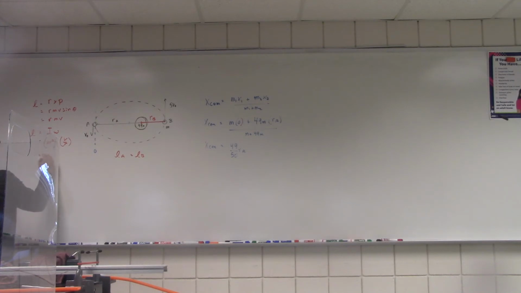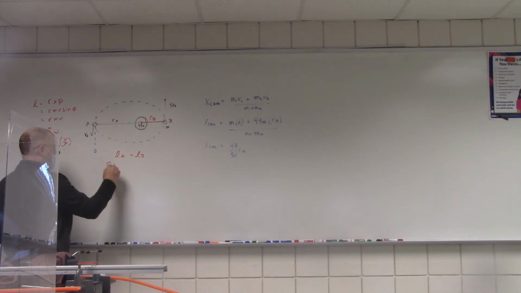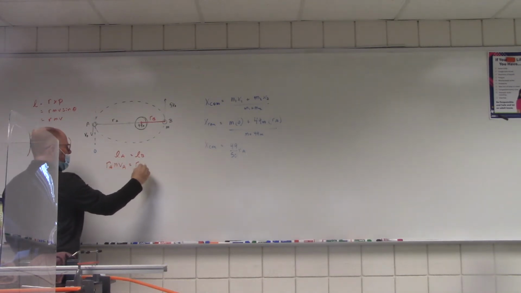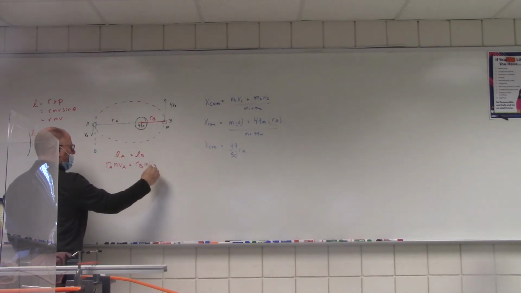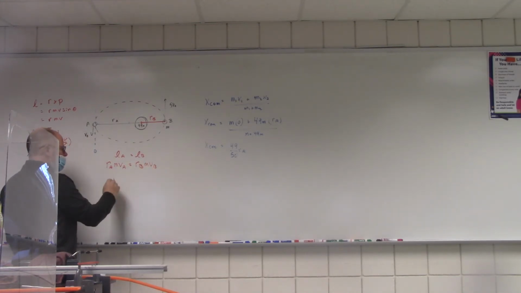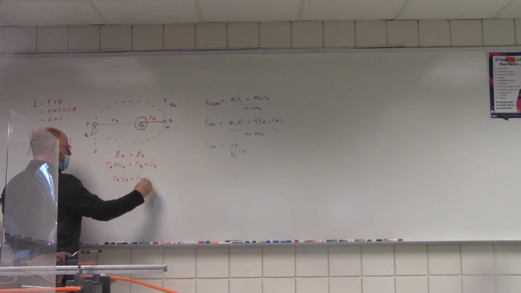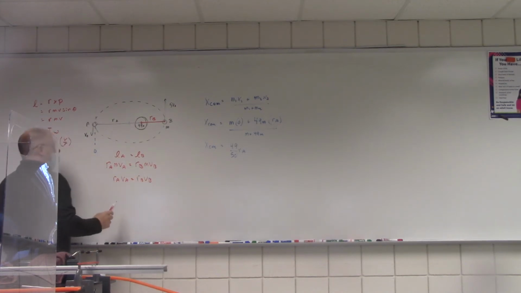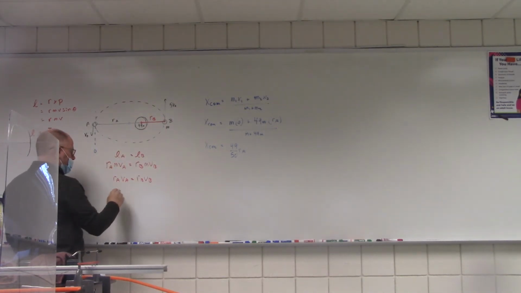Either way, we end up with r m v. So RA m v at A is equal to RB m v at B. Is that cool? So RA VA equals RB VB. And what I know is that the v at B is 5 times the v at A. Is that cool?